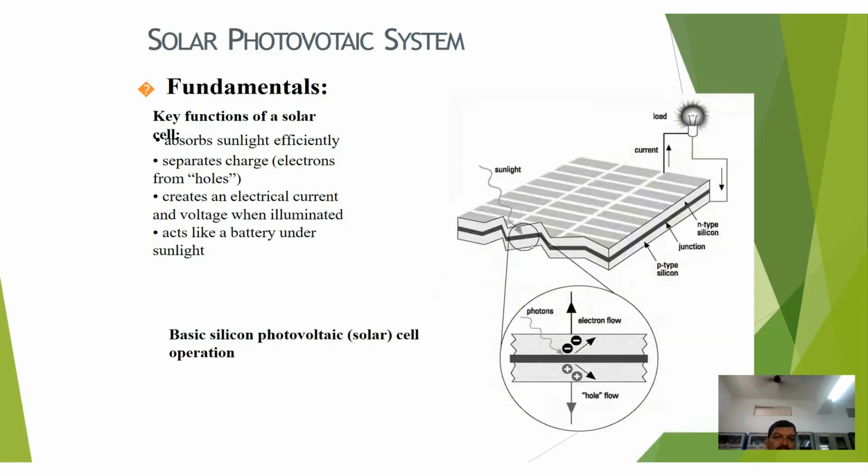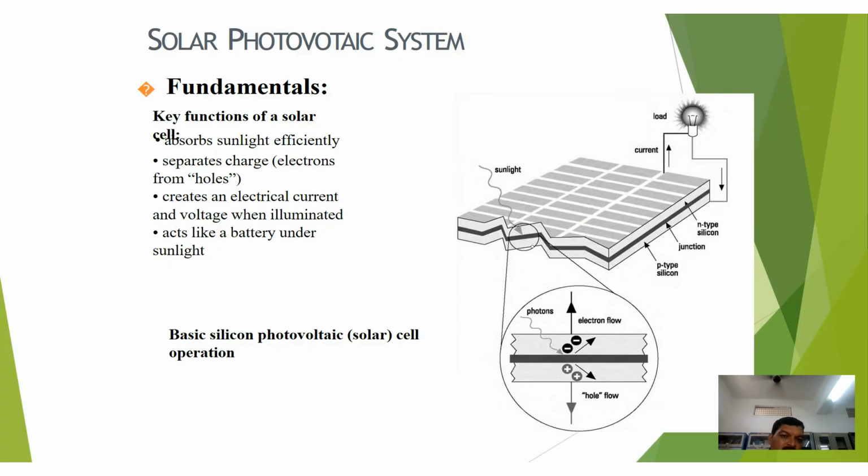This is the diagram of the solar photovoltaic system, where when sunlight falls on the semiconductor, the electrons will flow, so that it produces electricity and supplies it to the load. We have the p-type semiconductor and n-type semiconductor, separated by a junction, the p-n junction diode.